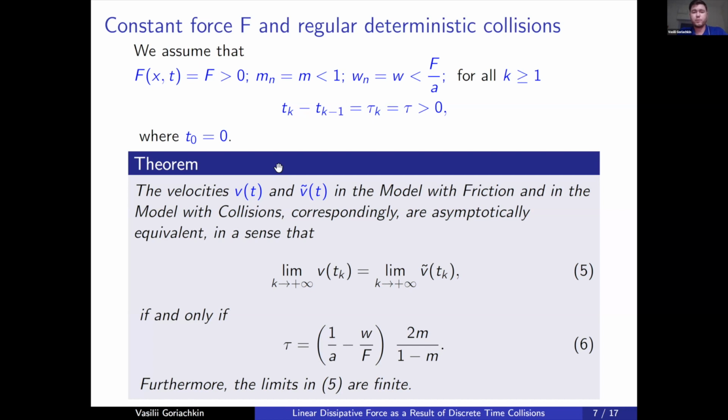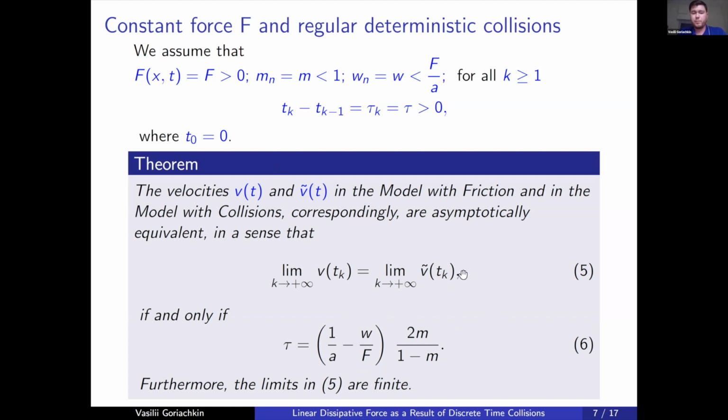In this simple model, there is a theorem telling us that velocities v and v tilde, in the model with friction and the model with collisions, are asymptotically equivalent in the sense that the limit of the velocity in the model with friction is equal to the limit of velocities in the model with collisions at time moments tk, if and only if condition 6 holds. So we should take the time tau between collisions to have exactly this form.